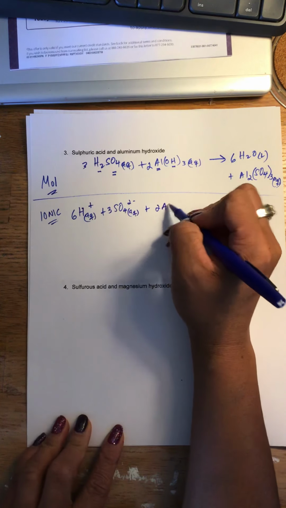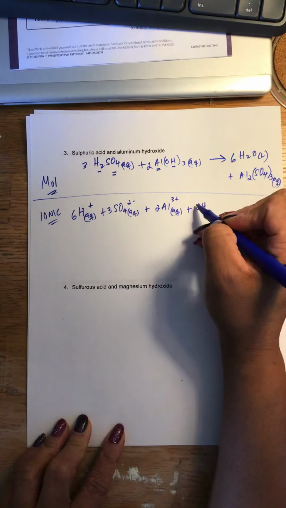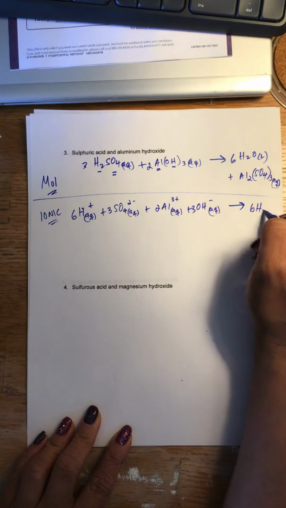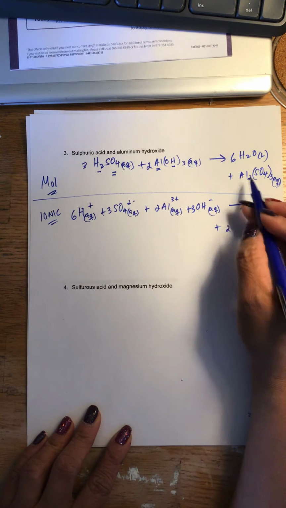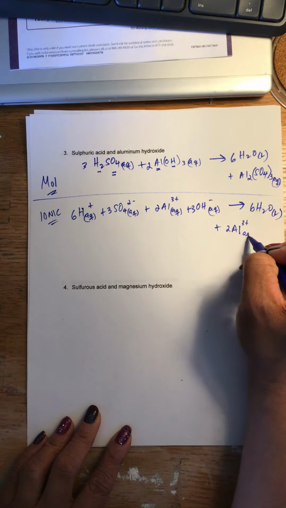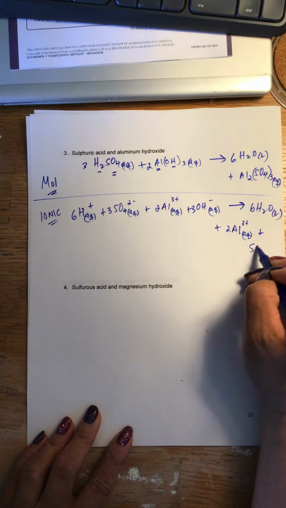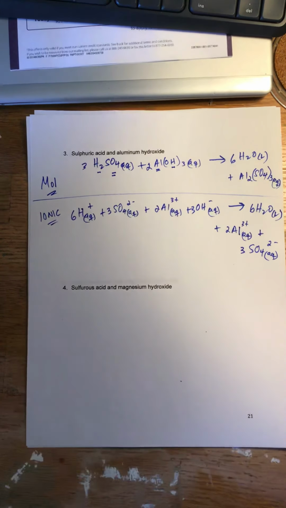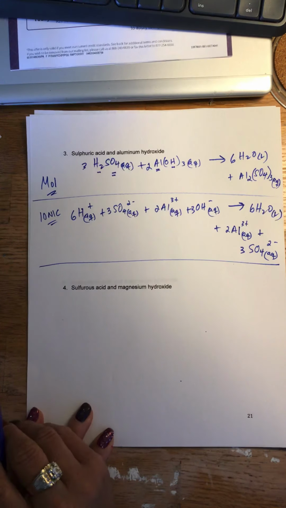Aluminum, you have 2 aluminum plus 3 aqueous solution plus hydroxide, and you have 3 of those, and this is all aqueous. 6 water, and that stays 6 water liquid, and you have 2 aluminum plus 3, and you have sulfate, SO4, 2 negative, and you have 3 of those, aqueous. Sulfates are soluble.